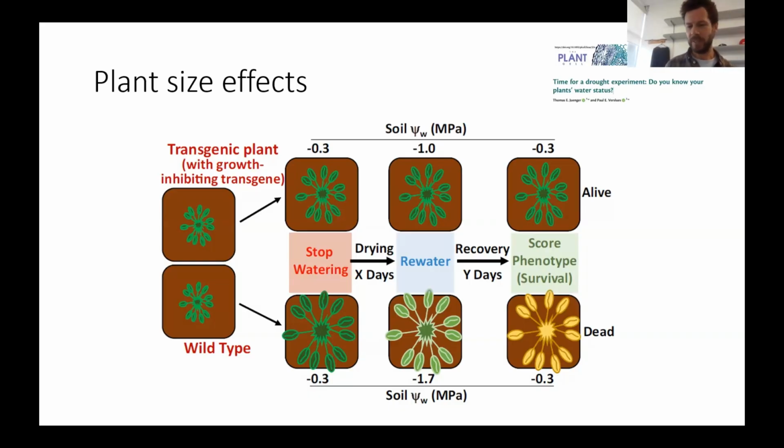So if you're not accounting for plant size, you're going to get a very different response. You might assign that smaller plant, which has used less water and therefore been less drought stressed, greater drought tolerance than the larger plant, which has used up all its water and started to desiccate, which actually would not be true.